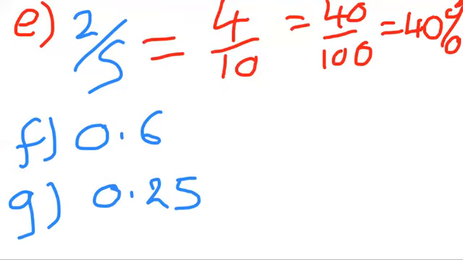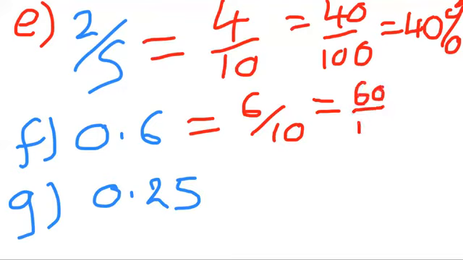I'll start by solving F first. 0.6 is actually 6 out of 10 from the previous class, and 6 out of 10 is 60 out of 100. So this would be 60 over 100, which is 60%.